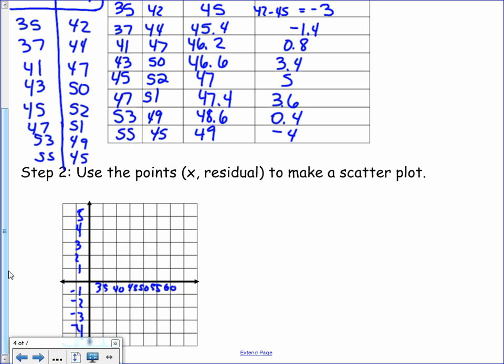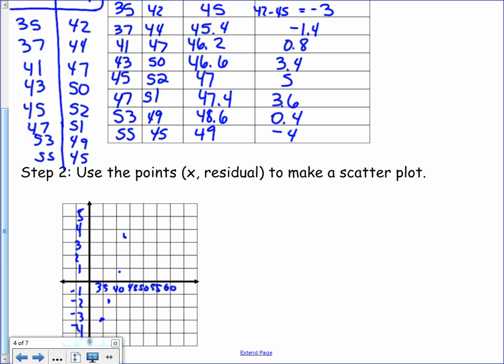All right, so 35, negative 3, 37, negative 1.7, 41 is 0.8, 43 is 3.4, 45 is, excuse me, 5.